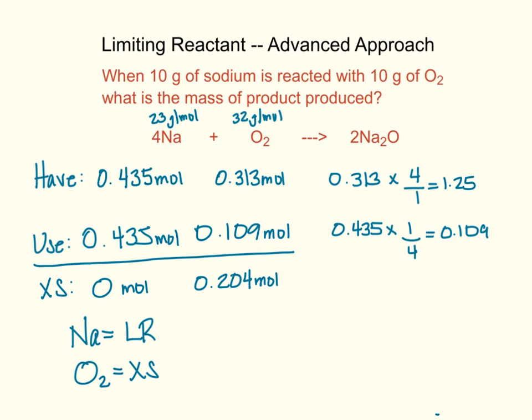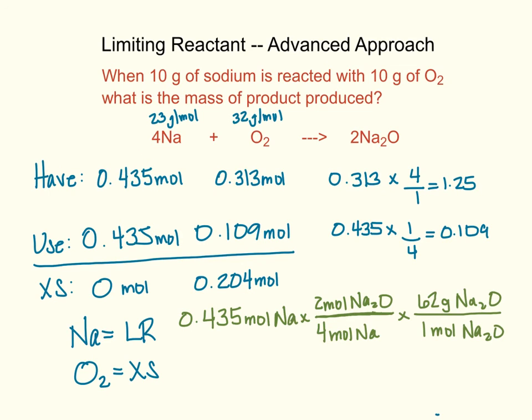But what the question actually asked for is the mass of the product produced. And remember, I can only produce as much product as my limiting reactant will allow. So I need to determine how many grams of Na2O I'm going to produce from my 0.435 moles of Na, because that's my limiting reactant.